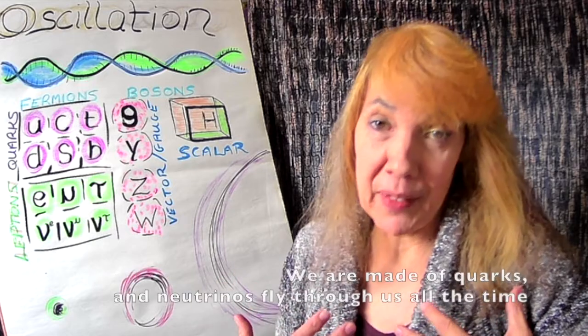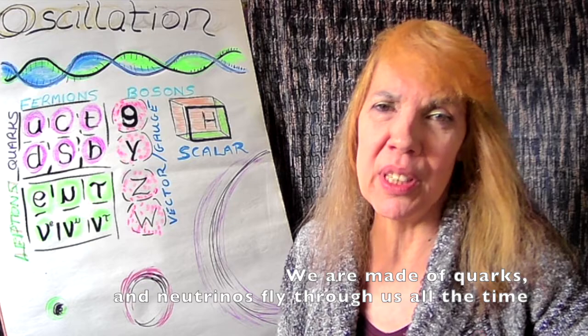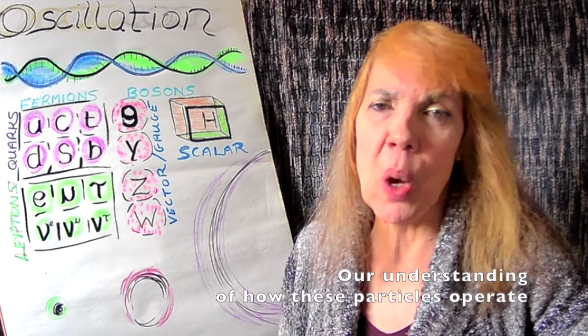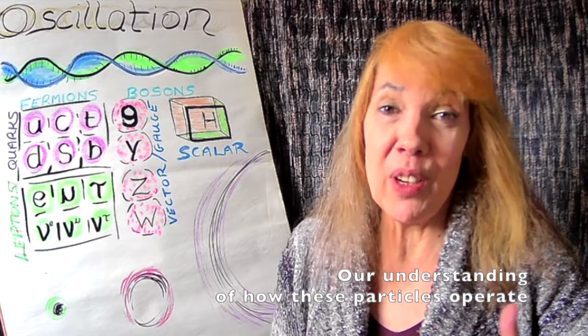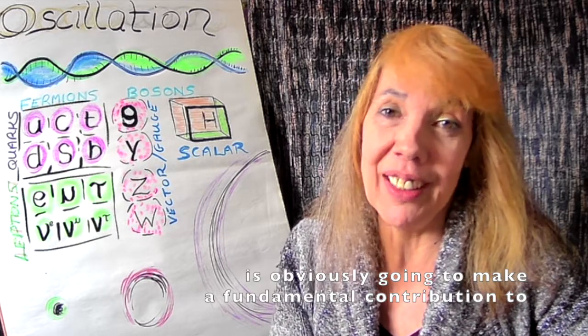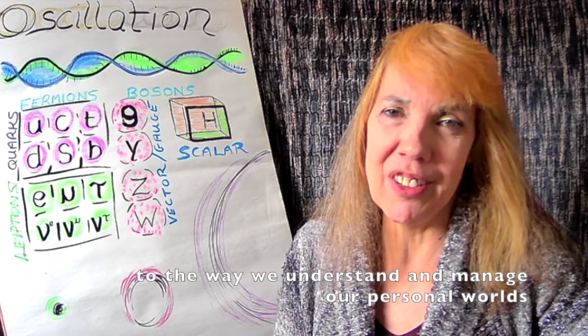We are made of these particles. We are made of quarks, and neutrinos fly through us all the time. So our understanding of how these particles operate is obviously going to make some kind of fundamental contribution to the way we understand and manage our personal worlds.